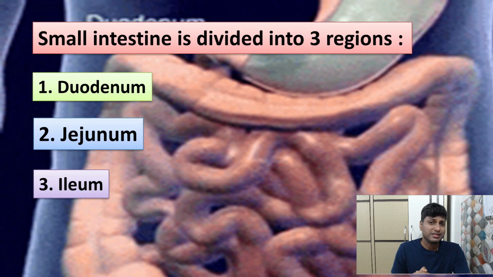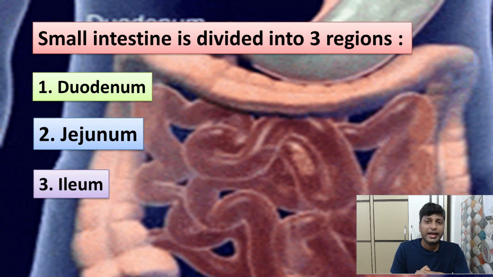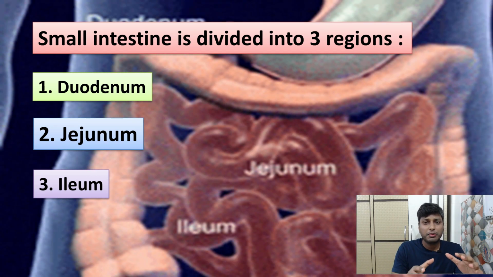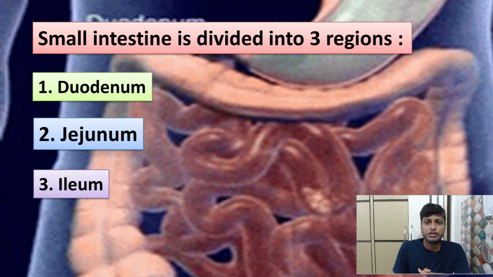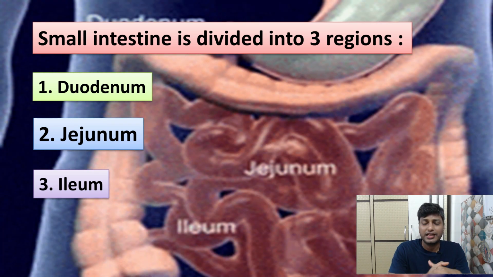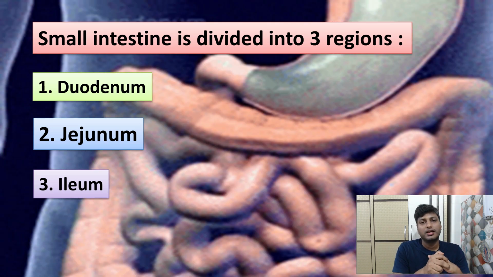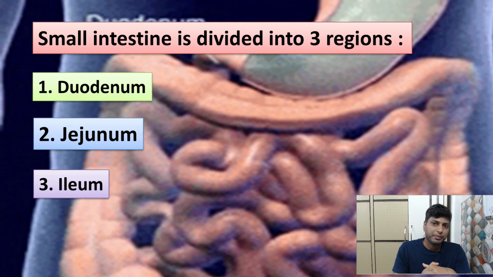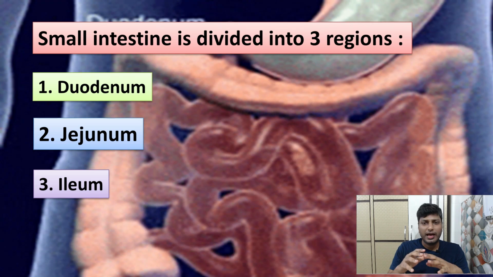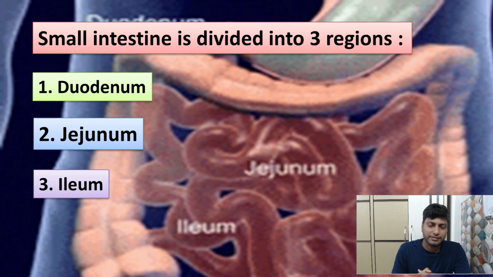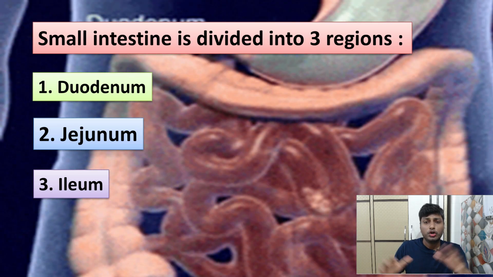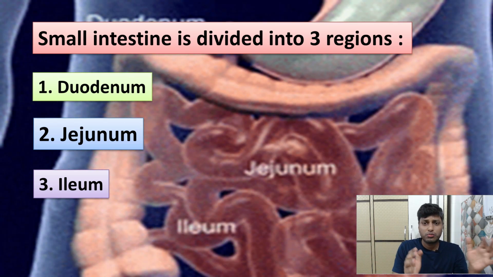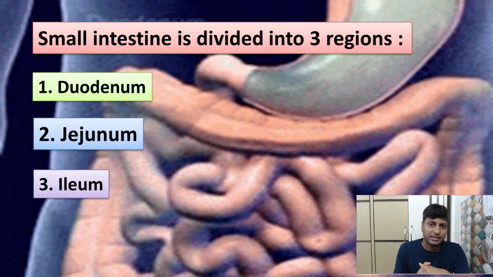So now, dear students, once the food enters from the stomach into the next part of the alimentary canal, which is again very, very important and is known as the small intestine. Dear students, we mammals basically are blessed with an extremely large intestine. In fact, our intestine is divided into two sections, that is small intestine and large intestine.